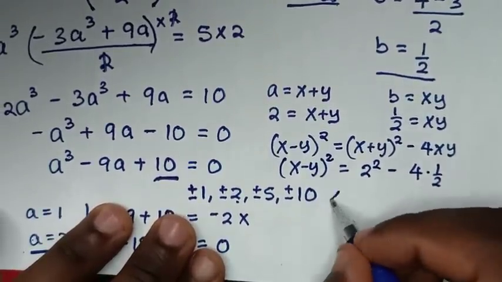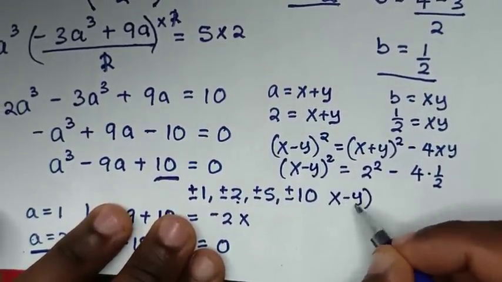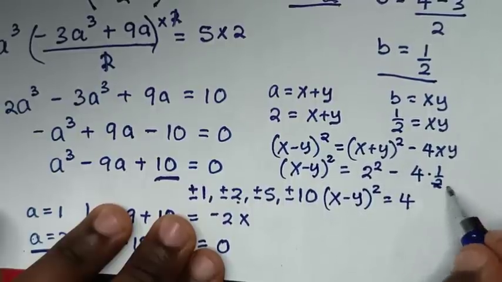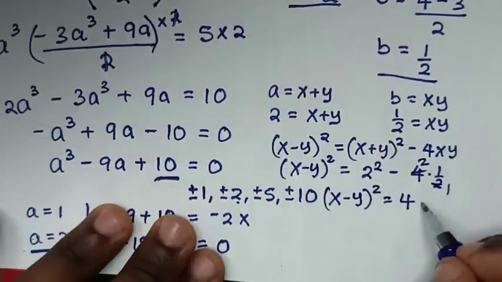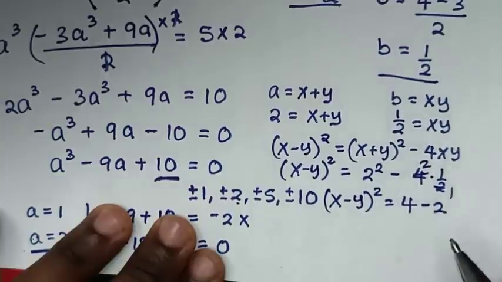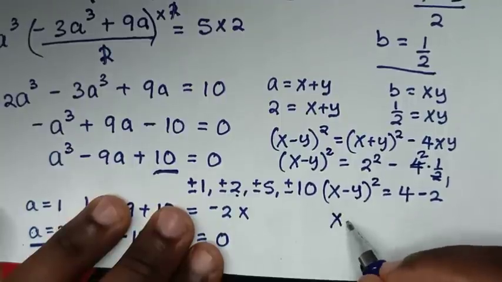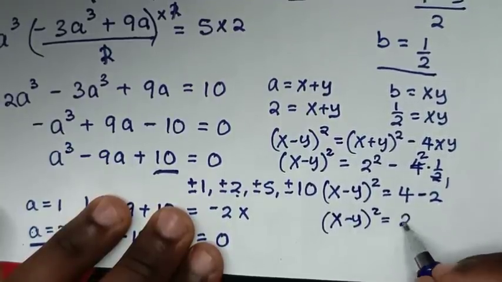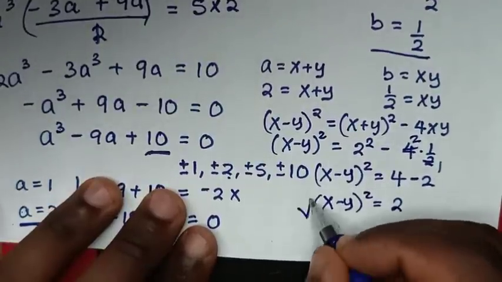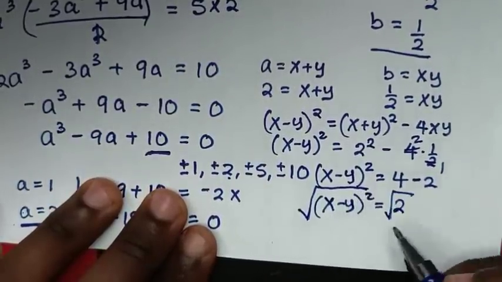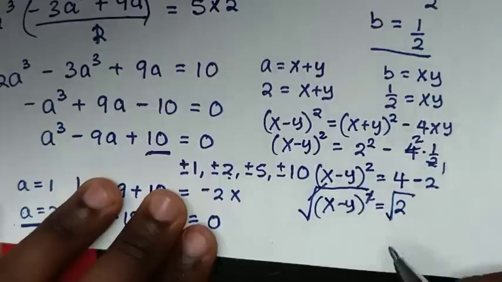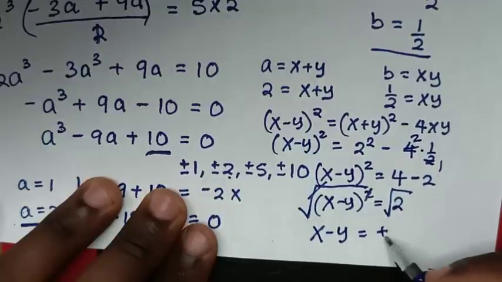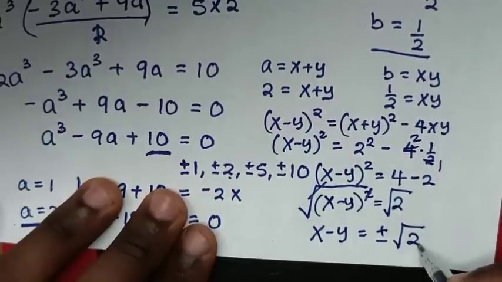Then it will be x minus y bracket square is equal to, this is 4, then this and this will cancel, it will be minus 2, so x minus y bracket square is equal to 4 minus 2, it is 2. Then we apply square root in both sides, so this square root will cancel this square, then it will be x minus y is equal to plus or minus square root of 2.